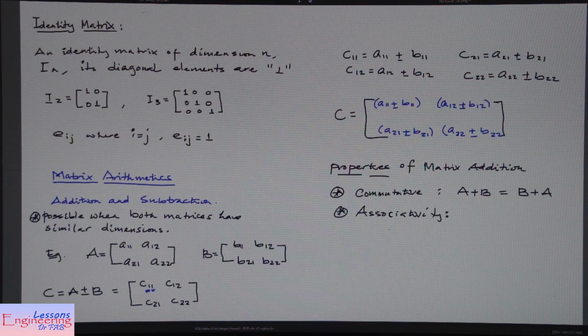So matrix A plus matrix B plus matrix C is equal to A plus the sum of B and C.